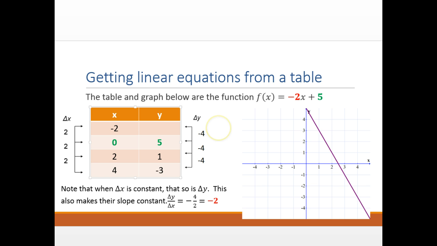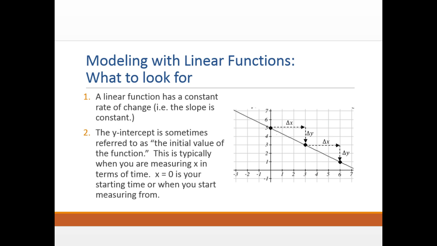That should be a 9. I apologize. So we have 9, 5, 1, and 3. The delta y is negative 4 all the way down. So again, your slope is change in y over change in x. So negative 4 over 2 is negative 2. So my function is f of x is negative 2x plus 5. And again, we can get all of this from our data table.